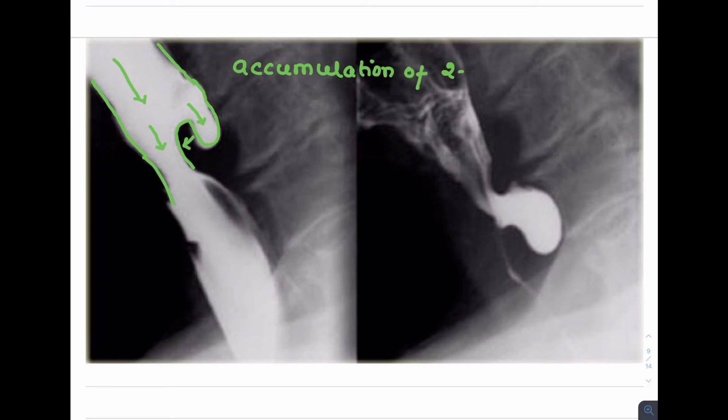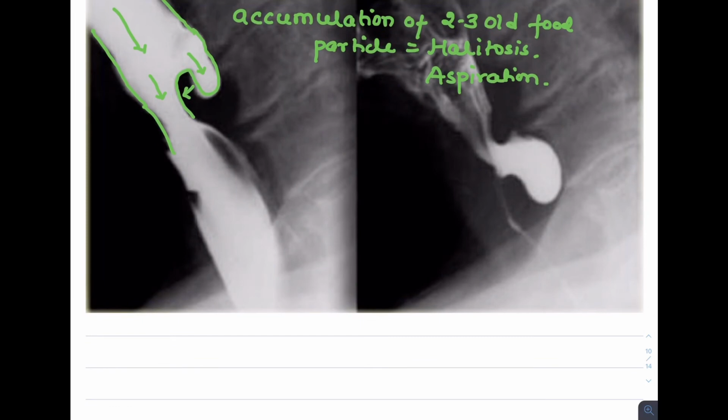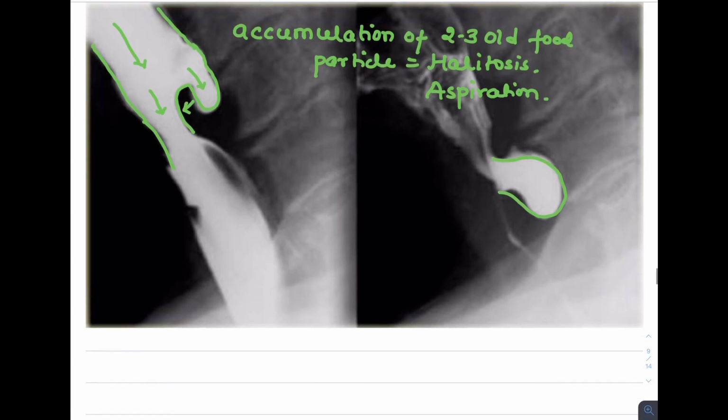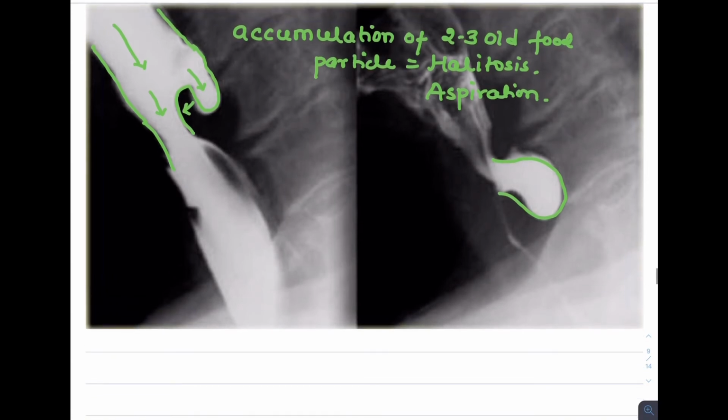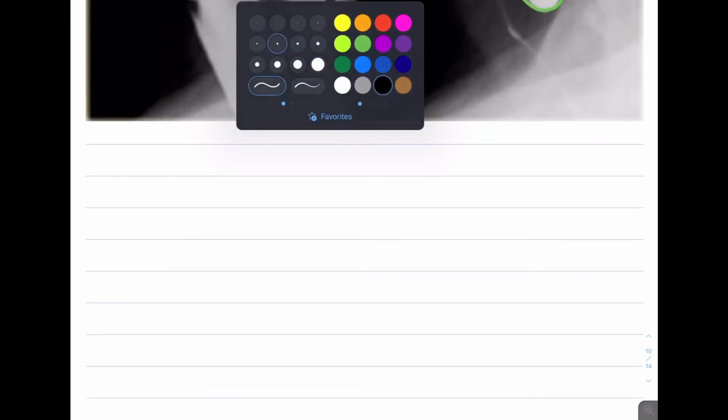It will lead to accumulation of 2-3 days old food in this pouch, which will cause halitosis and aspiration. There can be respiratory distress, lung abscess, various complications of Zenker's diverticulum. Again, after all the barium has passed, there is still contrast in the Zenker diverticulum.